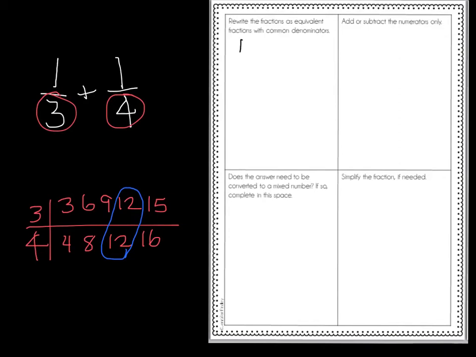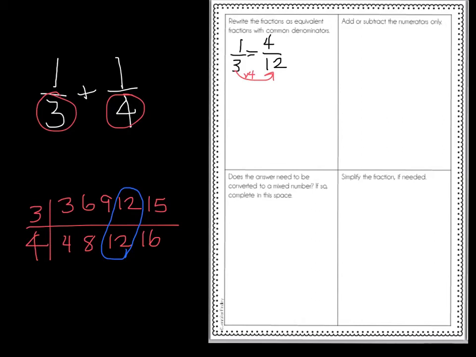So first I'm going to take 1/3. I'm going to make an equivalent fraction with 12 as my denominator. What did I do to this 3 to turn it into 12? Well, I multiplied it by 4. I must also do the same thing at the top. 1 times 4 is 4.